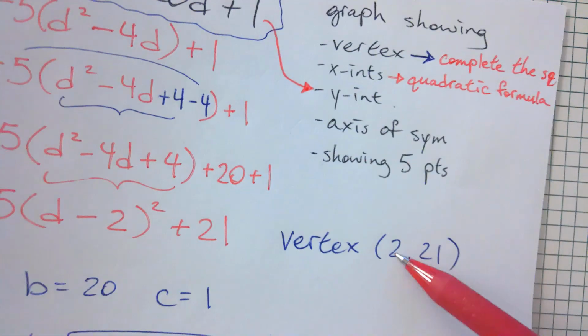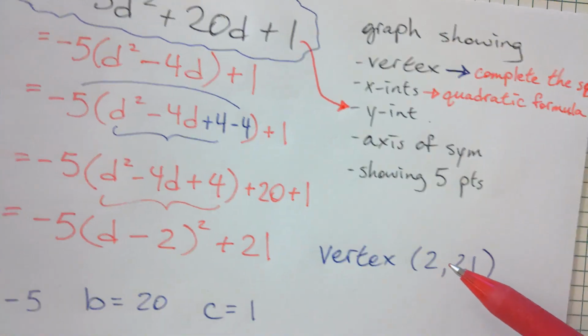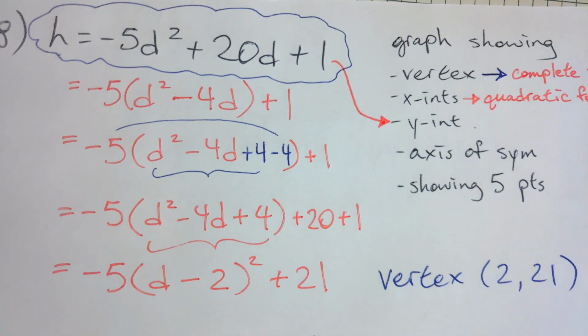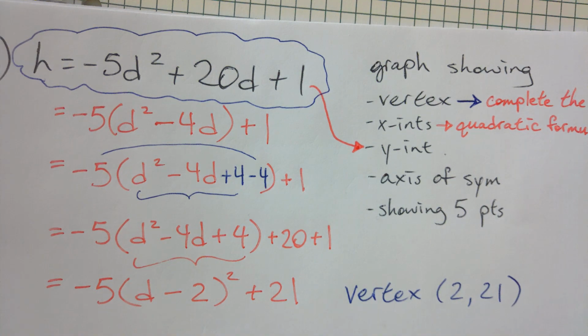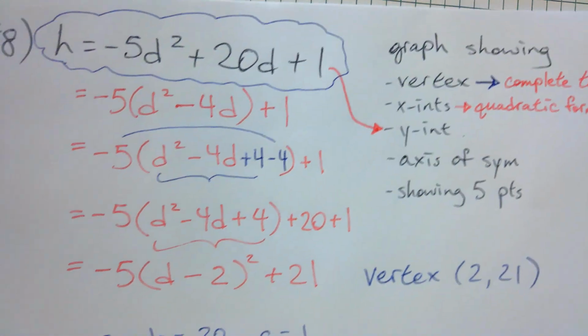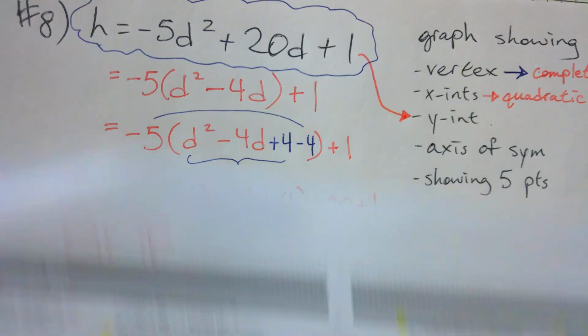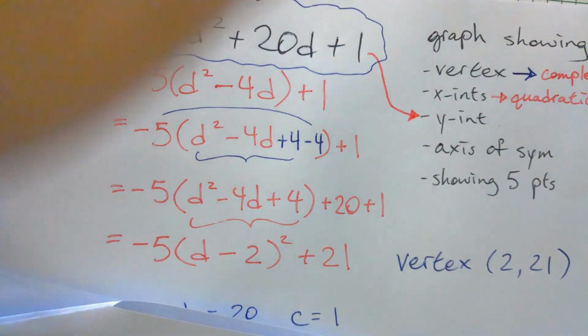So let me do a grid right here. My vertex is (2, 21), so my graph is gonna be quite big. Actually, you know what? I'll just do it on Desmos.